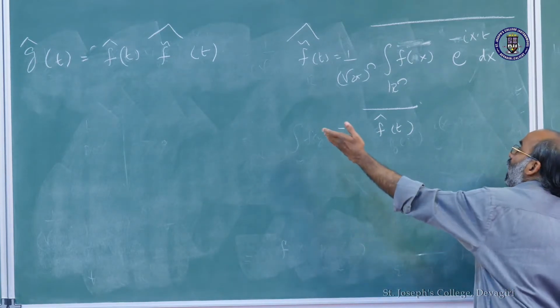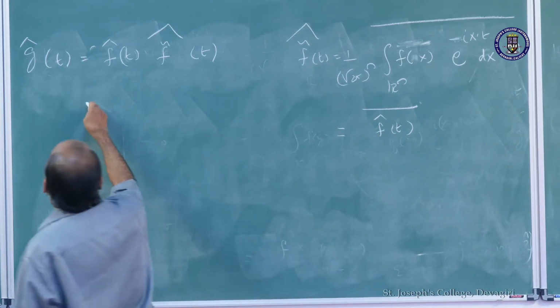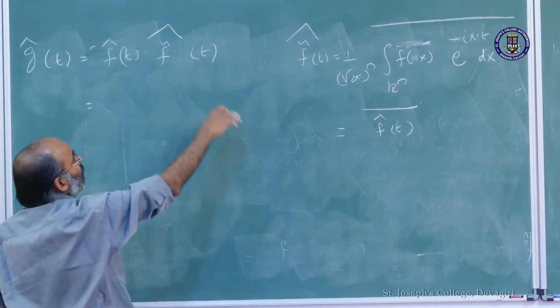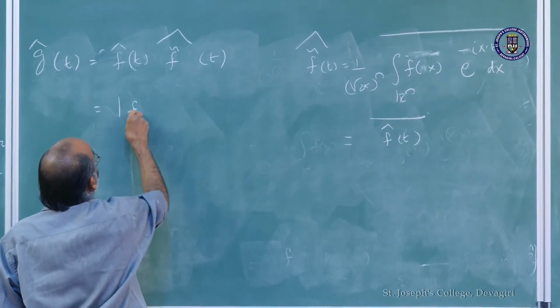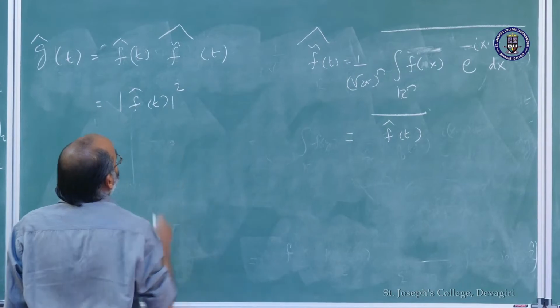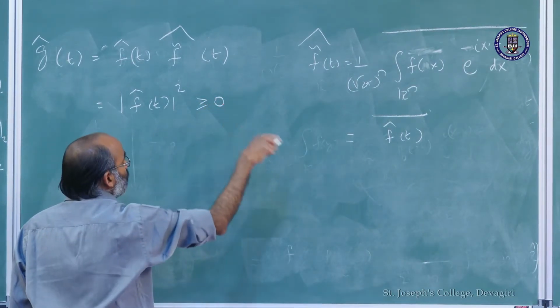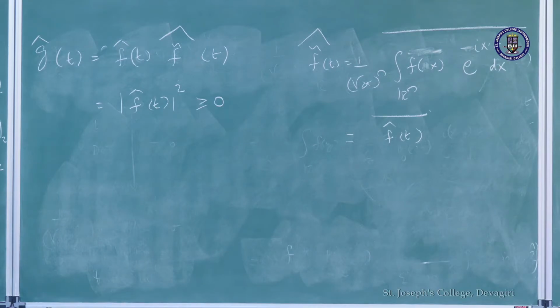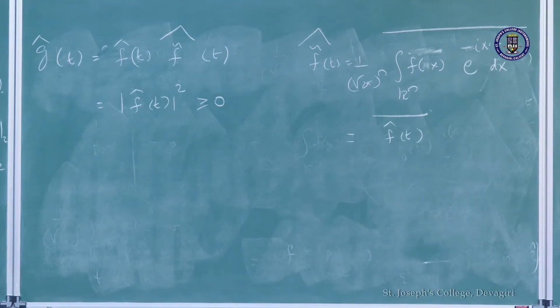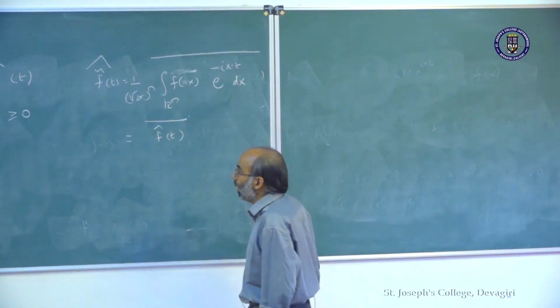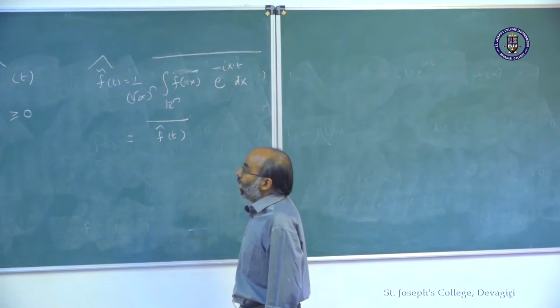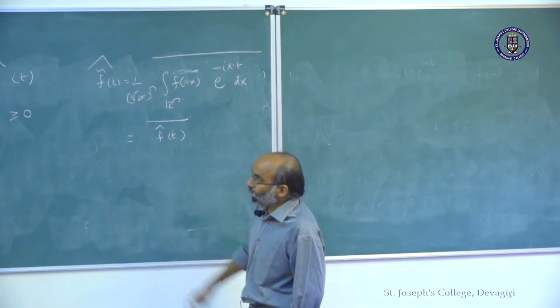So, now g hat t looks very nice. g hat t is f hat t times f tilde hat t, but f tilde hat is the complex conjugate of f hat. So, this is simply mod f hat t whole square, which is positive. Remember one of the corollaries we had: if I have a function whose Fourier transform is positive, something or the other happens. So, g is f convolved with f tilde, a continuous function, in particular 0 is a Lebesgue point, and g hat is positive.